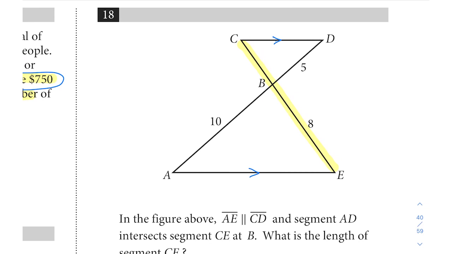They tell us AE is parallel to CD, and if we understand parallel lines, and sometimes it's helpful to just extend those lines so that we can see that relationship, that's really advantageous because it tells us that this angle in here is equal to this angle here. Those are what we would call alternate interior angles for these two parallel lines.